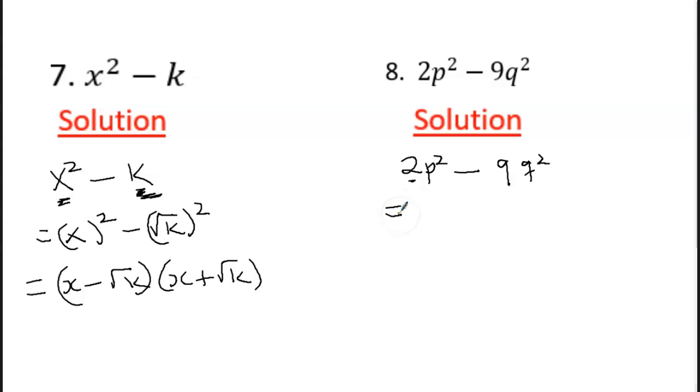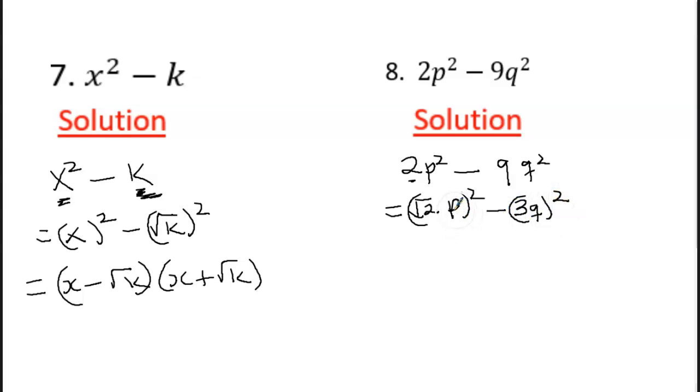So as we did in question number 7, if this is not a perfect square, we can rewrite it as square root of 2p all squared. When you simplify, you still get, because the square will take care of the square root and you still have the same expression. And the next term, they are all perfect squares, so you don't have a problem. So you can write it as 3q all squared.